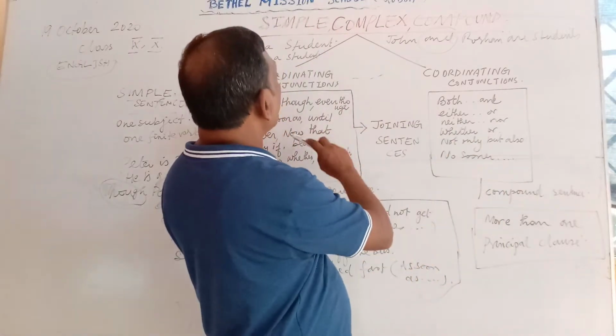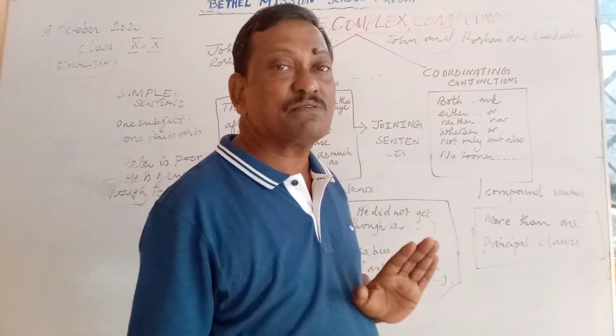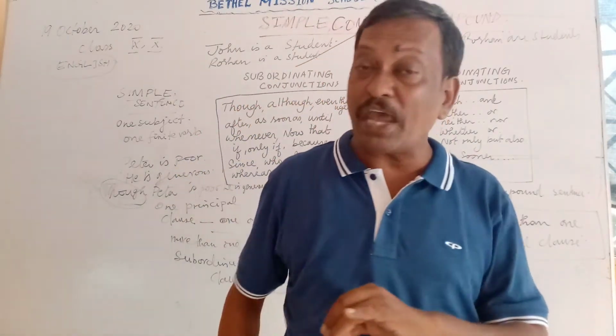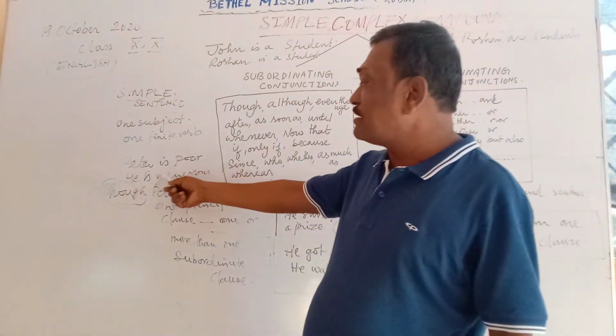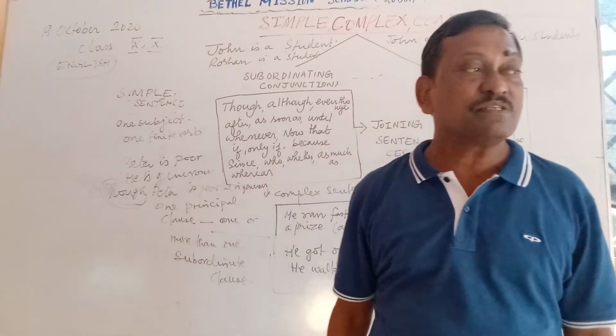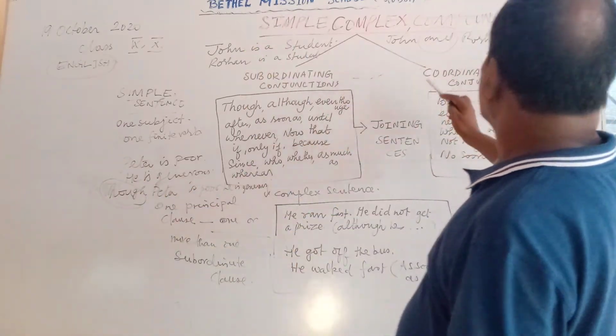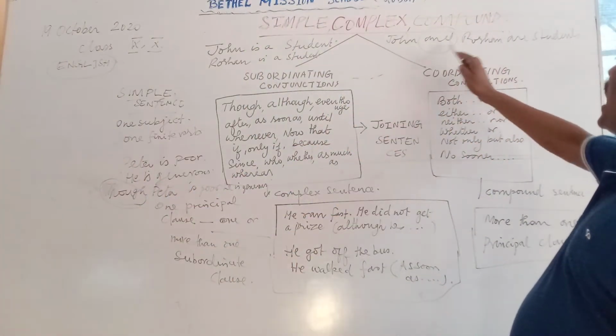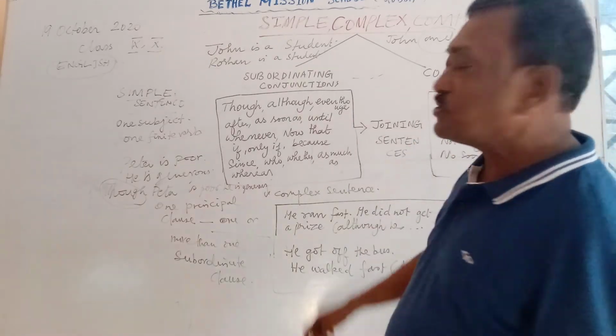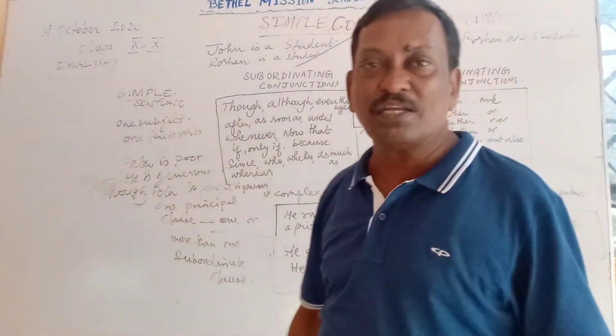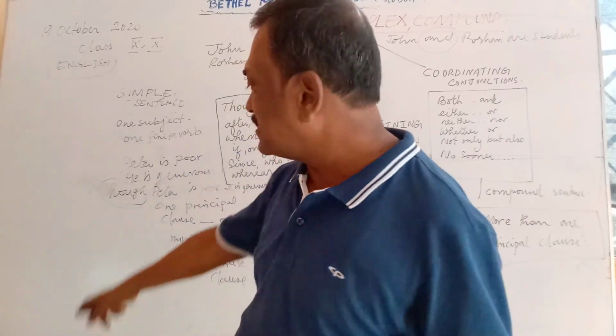So how are conjunctions functioning? Sometimes the conjunction may be in the beginning of a sentence. Sometimes it may be in the middle of a sentence. You see, John and Roshan are friends. So you find the conjunction in the middle. But look at this.